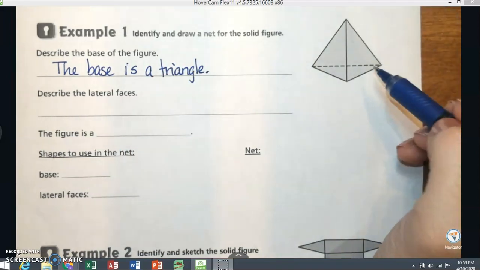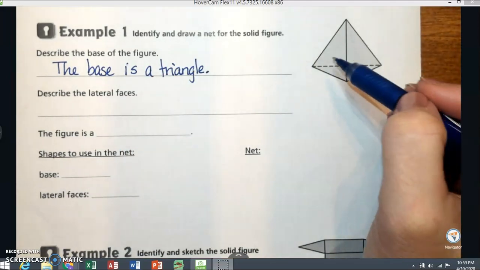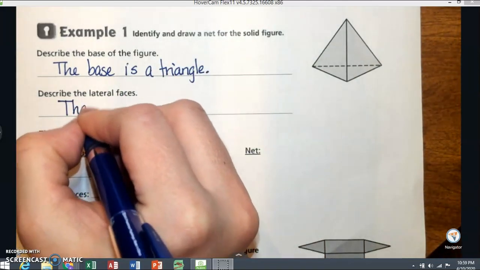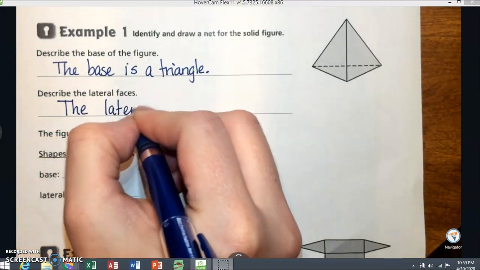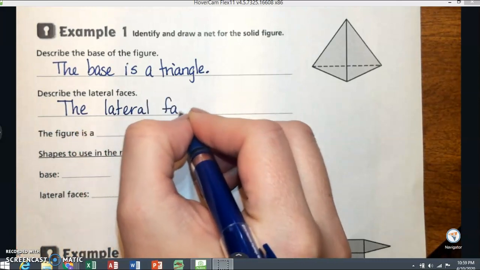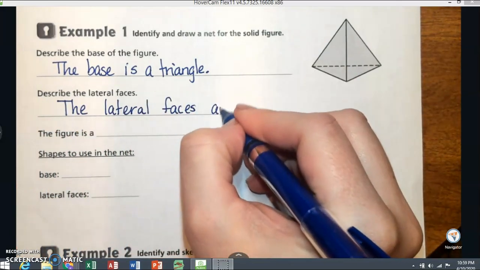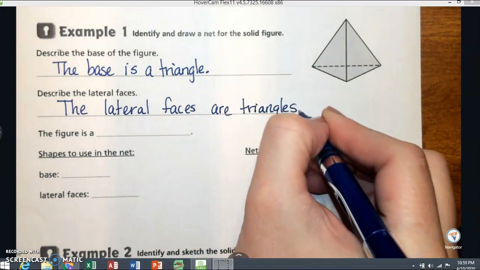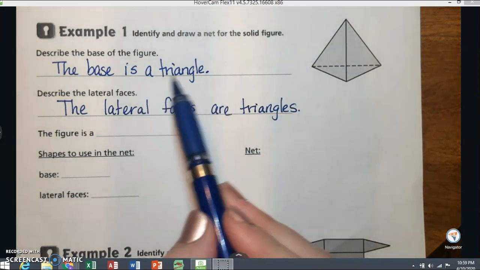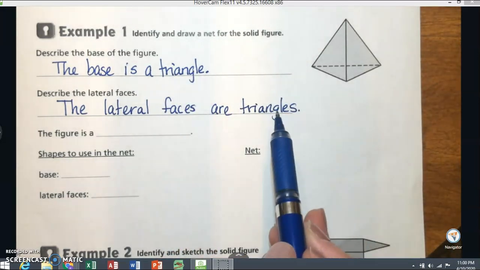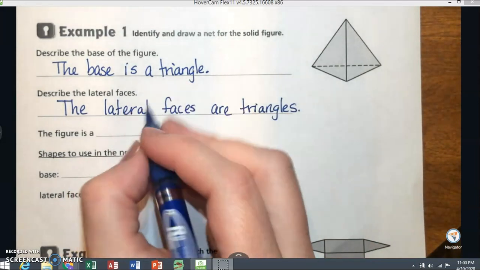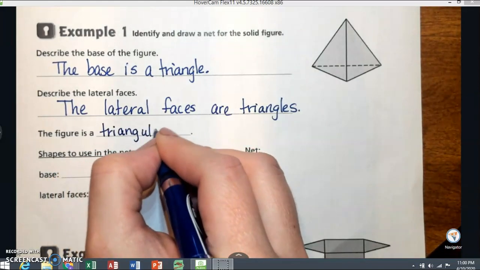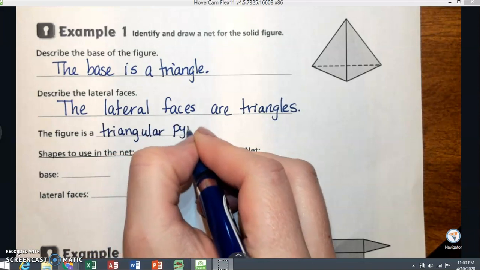And then if we look at our lateral faces, we can tell that our lateral faces are also triangles. Okay, so since we have a base as a triangle and we have triangles as our lateral faces, then this must be a triangular pyramid.